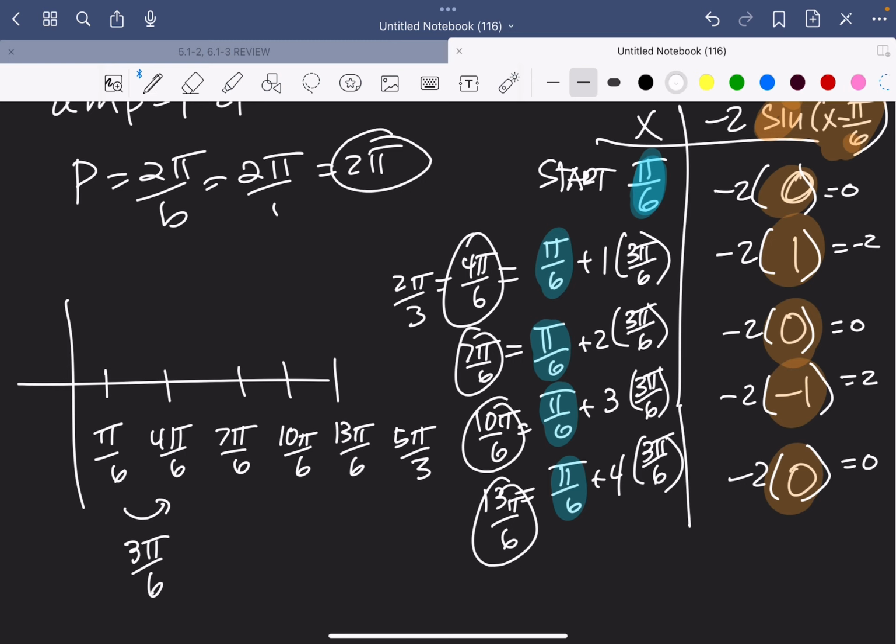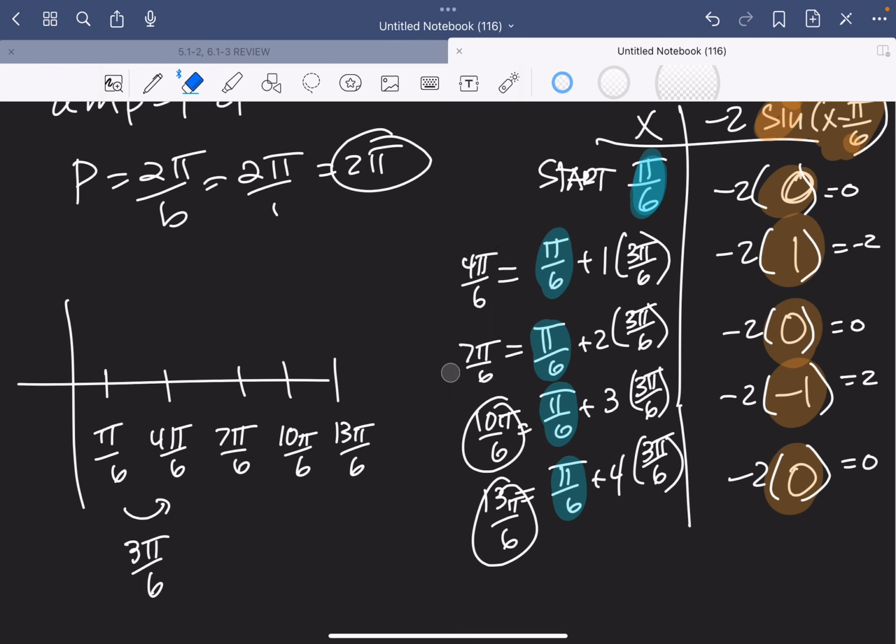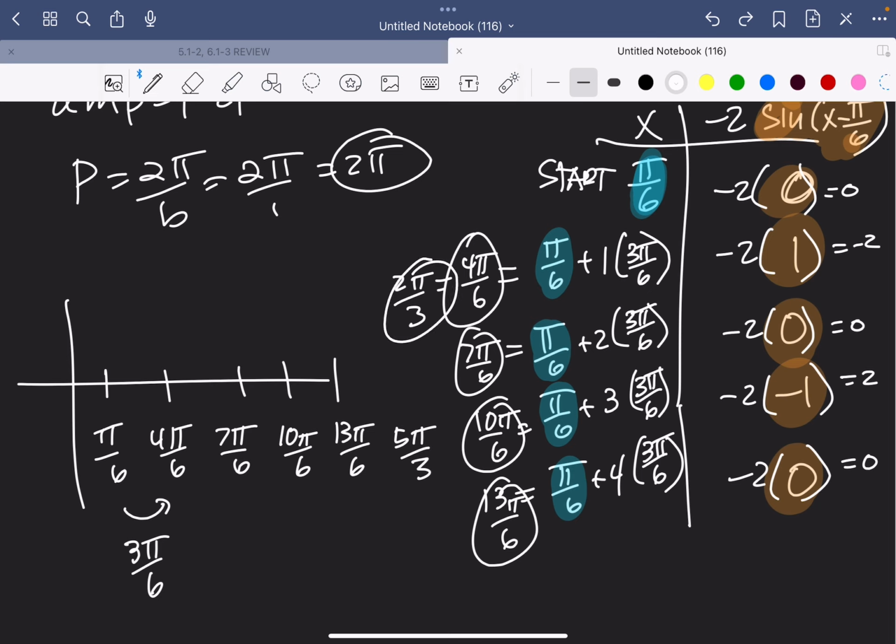I think that really makes the most sense, yes. All right. So notice, even though we could simplify this way and this way, I don't think it's any simpler because it really makes the graph easier to read when you leave it all in terms of sixths. Okay? So again, now we're ready for our y values. We've got 0, -2, 0, 2, and 0.